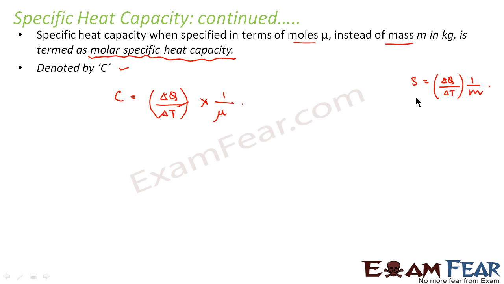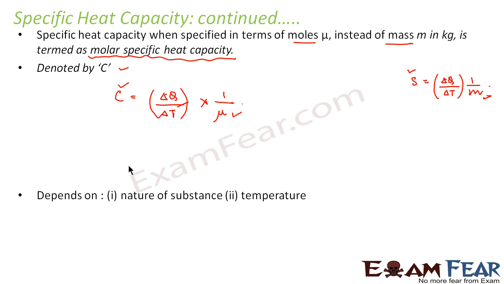So it is just that S is now replaced by C and mass is replaced by number of moles. Even in this case, it depends on the nature of the substance and the temperature, because at the end of the day it is the same thing, just that instead of mass it is moles. What would be the SI unit? It will be joule per Kelvin per mole. So instead of kg inverse, it is now mole inverse.